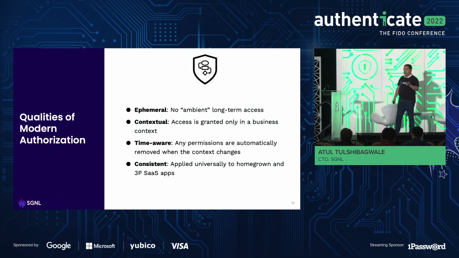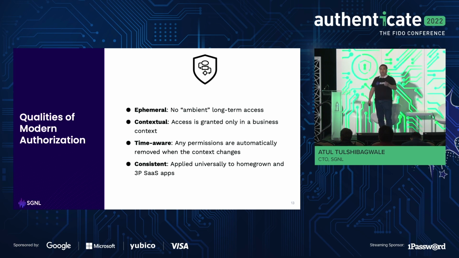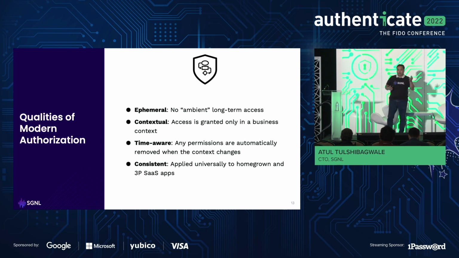The other thing is every request should be evaluated in context, right? A pilot is requesting to fly a plane. Well, are you assigned to that plane? Do you have the right certification? Is this the type of plane that you fly, and things like that. So every request has to be evaluated in context. And then it should be time aware.